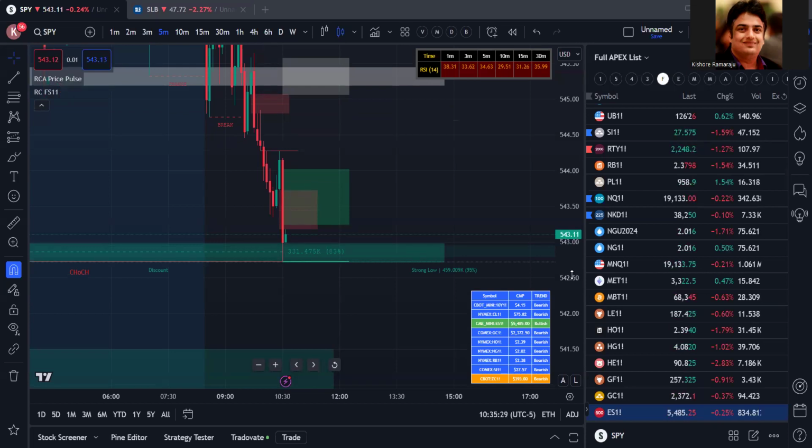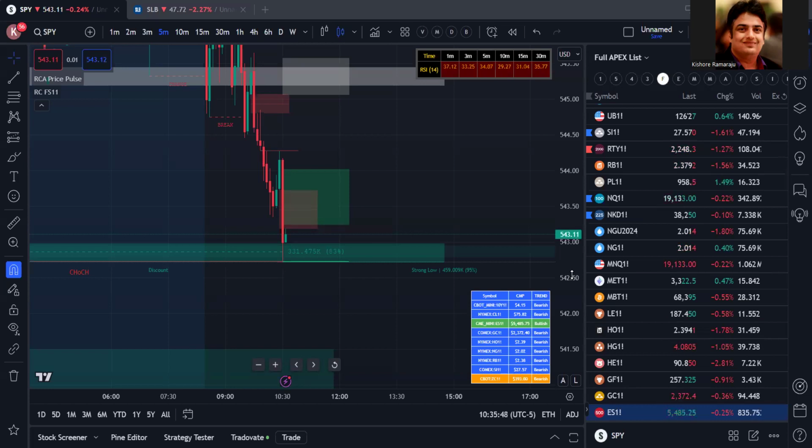Generally, if it does one more retest of the support, that is a much better signal. Sometimes it will try to go up and then again retest the buy order block. Once it does a retest, that is a double bottom. Then it is a much better opportunity.